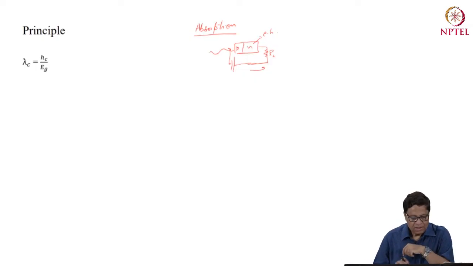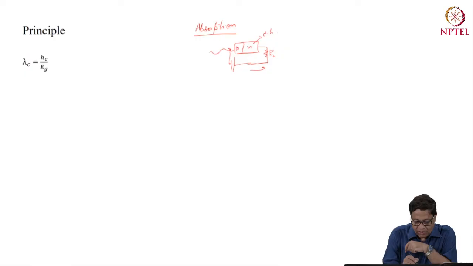Now, what kind of wavelength do you require? Because only a photon which has energy greater than the band gap of the p-n junction will be absorbed and converted into electron hole pairs. So the device will be sensitive to wavelengths less than lambda c, the lambda cutoff.